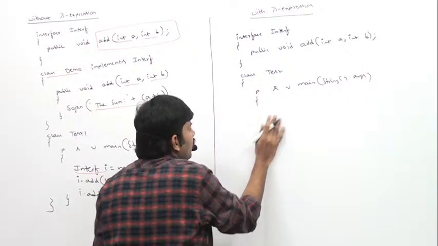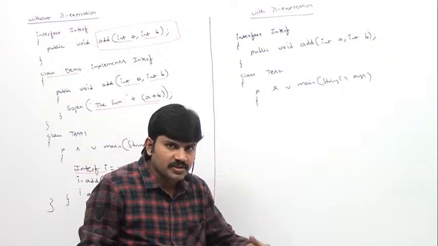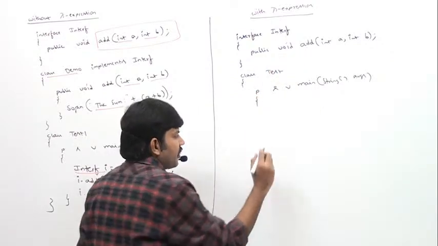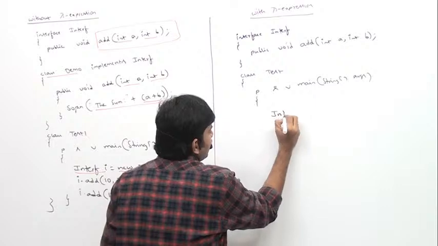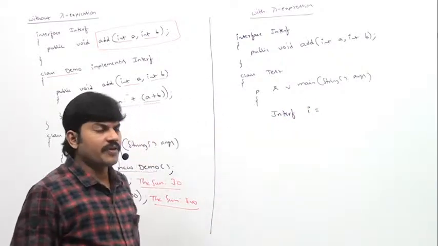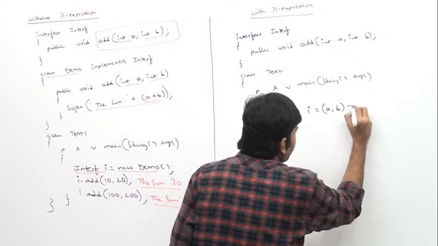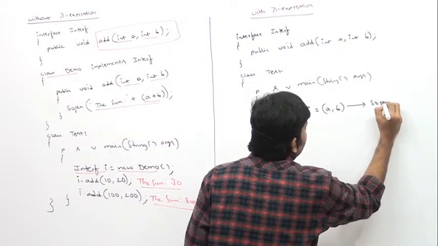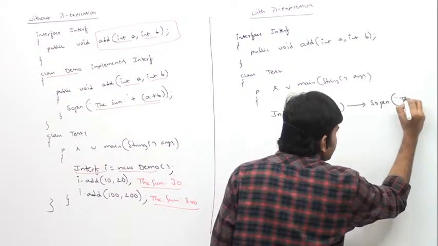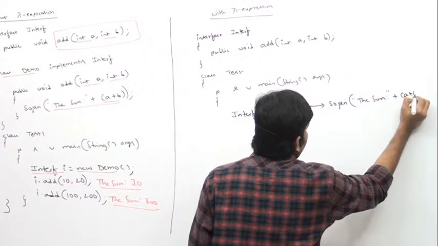Now my requirement is to write a lambda expression to implement this functionality. What will I write? Interf i = (a, b) -> System.out.println, the sum is of course a plus b.